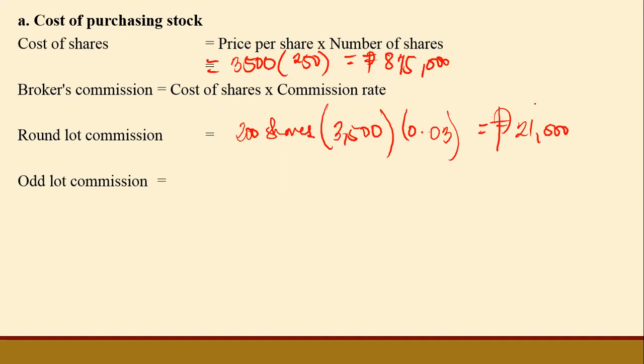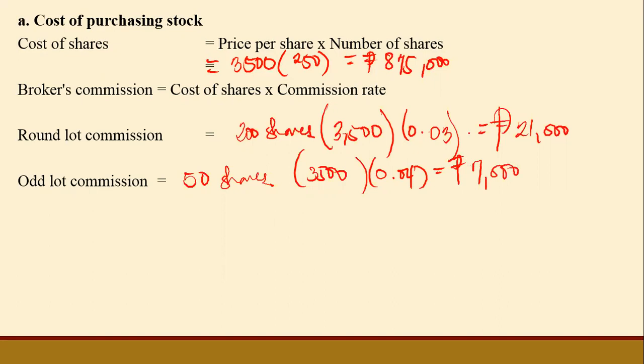And we have the odd lot commission, which has 50 shares times 3,500 price per share times the commission rate of 4%. So this is equal to 7,000 pesos.